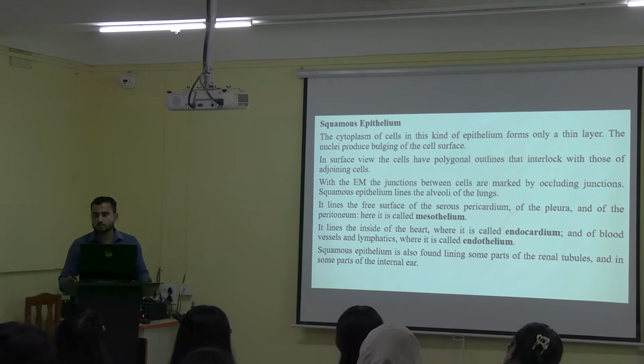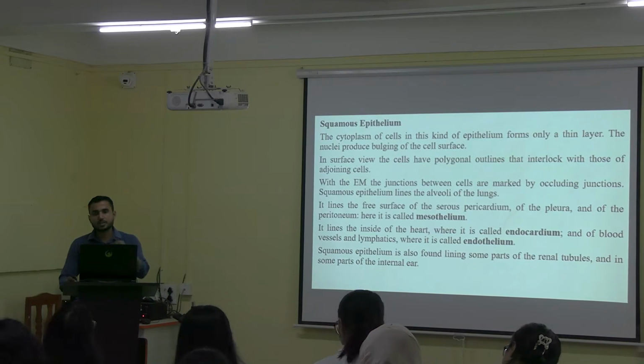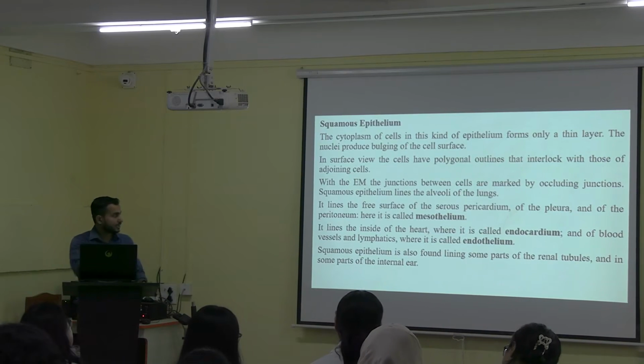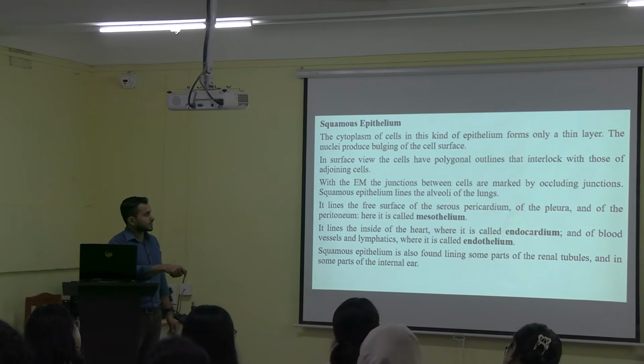Pleura is also there, which is the outer covering of the lung; it also has simple squamous epithelium. Since they are present in those areas, it is called mesothelium. Next, the inside of the heart is also lined by simple squamous epithelium, and that's why it is called endocardium.